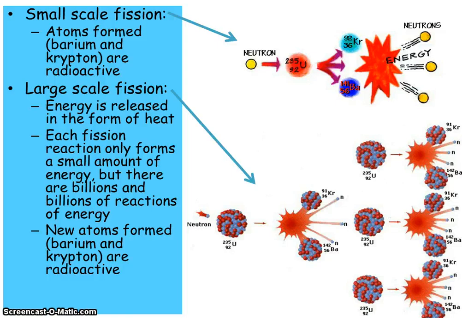Those neutrons are then fired into more uranium, and then they're broken down again into krypton and barium, again releasing more neutrons. Now, on the grand scale of it, it looks really efficient. However, it can cause a big problem because it has to be controlled. So we need to have a way of controlling that.